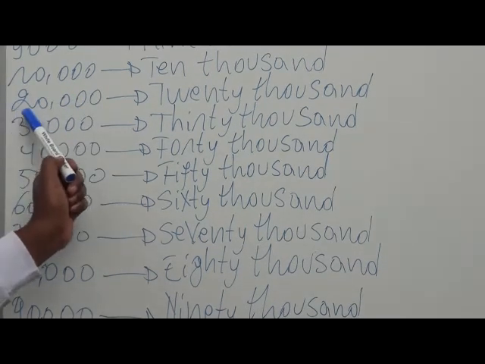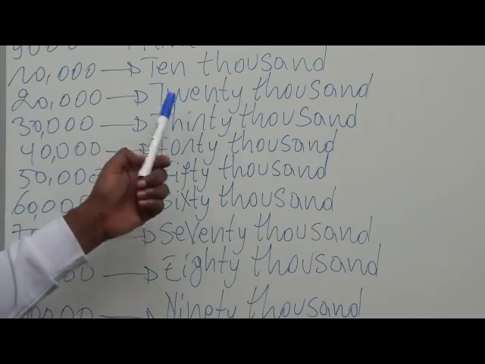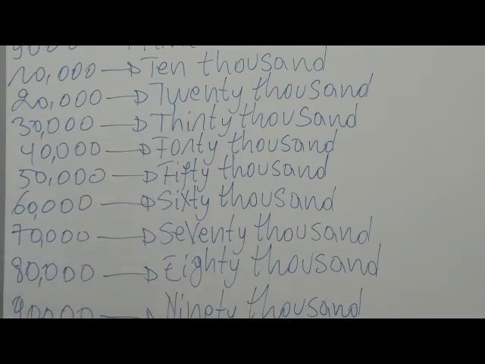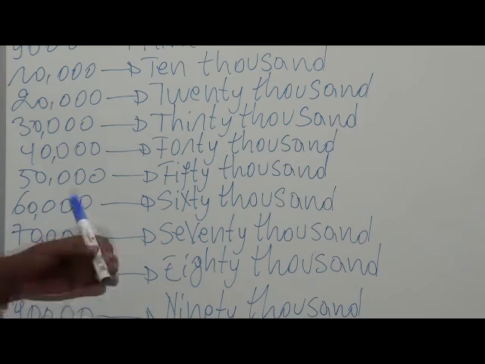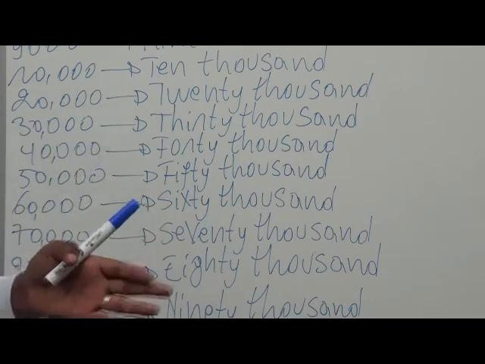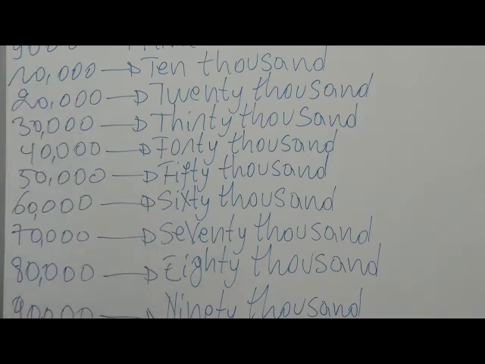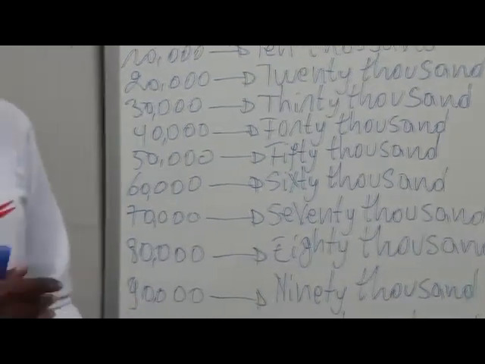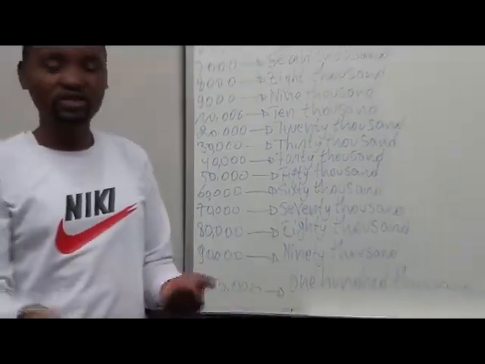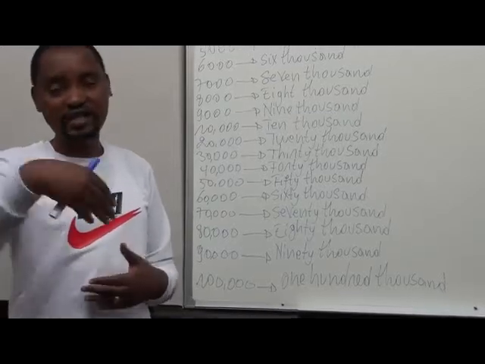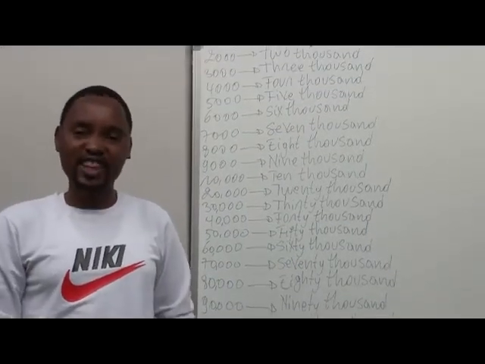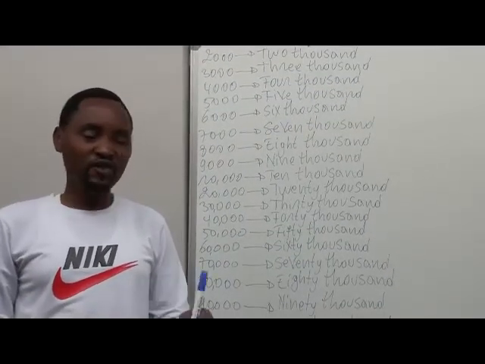So this number is 20,000. We may have 21,000, 22,000, 23,000, 24,000, 25,000, and you continue up to 30,000 that we have here.